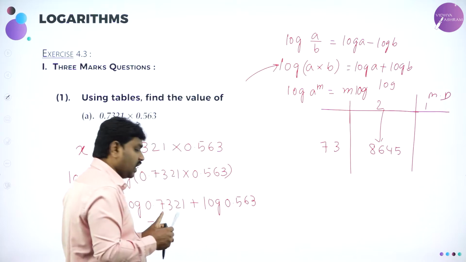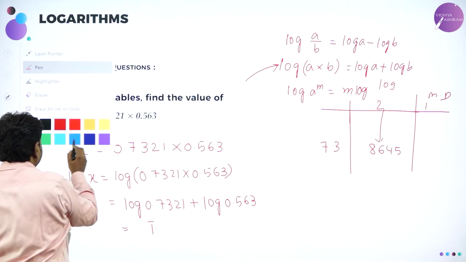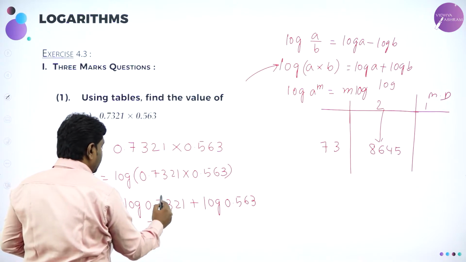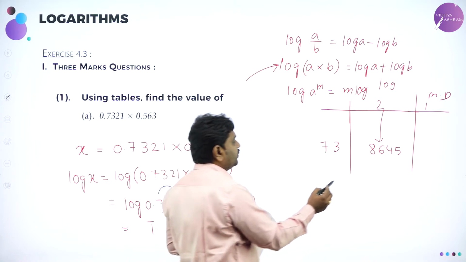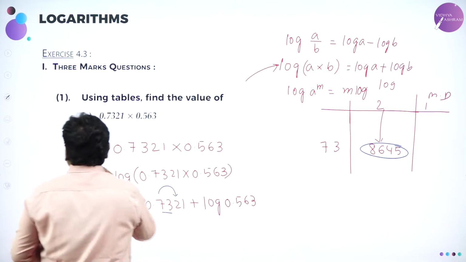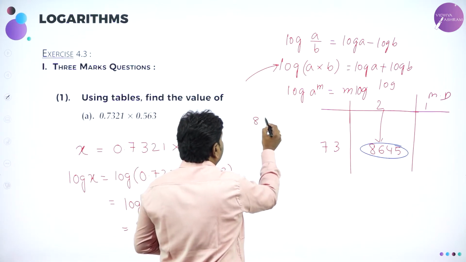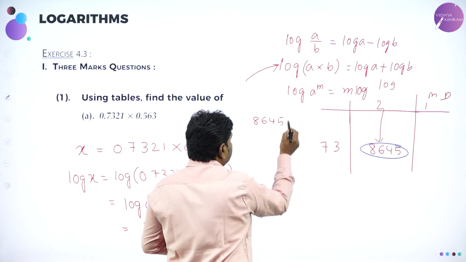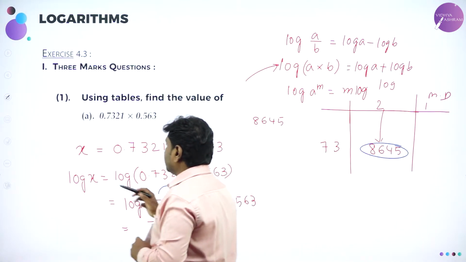In the log table, 73 under 2 you should see. After 73 I have 2. So please observe. So 73 under 2 I should see. If I see, I'll get this number, 8645. Write 8645 separately and add the mean difference. 73 under 2 under 1.